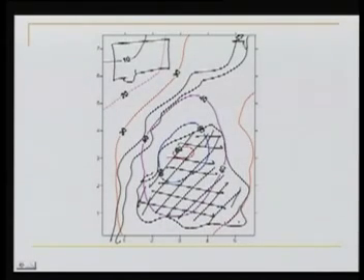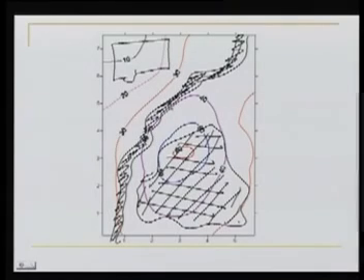Similarly, this road follows nearly the same elevation. It starts somewhere in between 30 and 40 and sticks to 40 meter contour, and then again in between 30 and 40 and finally ends at 30 meter contour. So this is the road. So our planimetric details can also be plotted there.